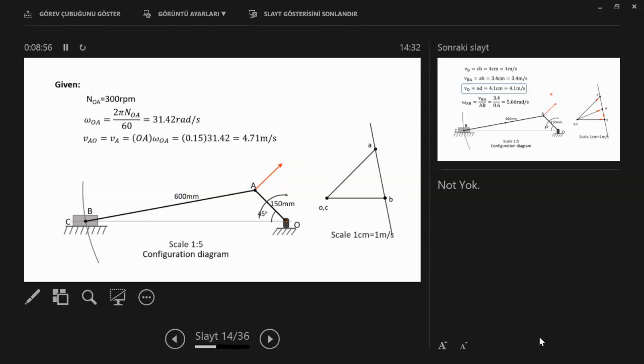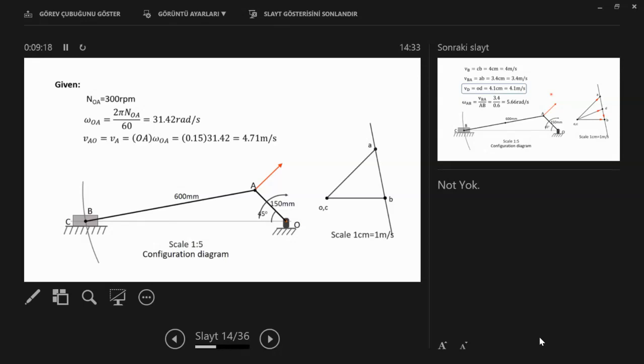So perpendicular to the line AB, and then a second line from O parallel to the direction of the velocity of B. This is horizontal, and the crossing point is here.